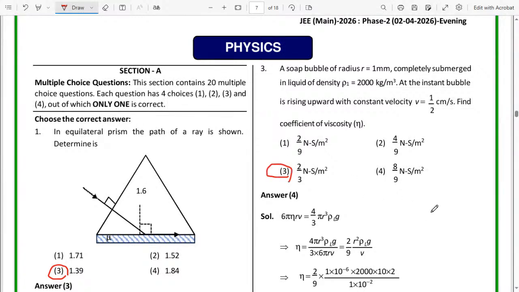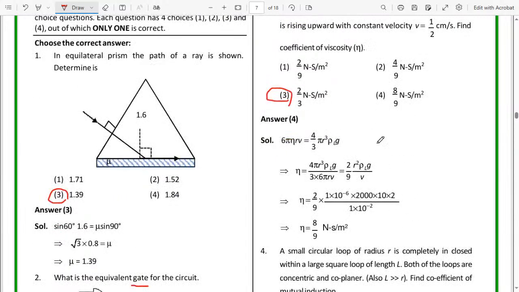You can get the answer from this solution. So this is right, 2 by 3. So how? No, this is not correct. Option 4 is the correct option, students: 8 by 9 newton second per meter square.